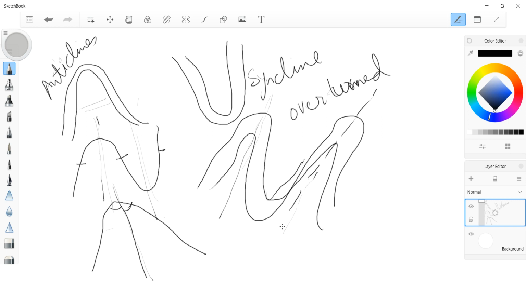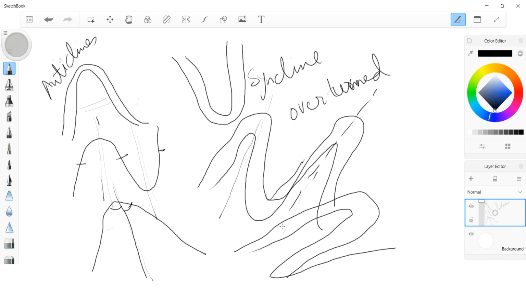And then there is another one which is called recumbent, in which the layer is almost lying on top of the other one. This is what it is. The axis is, the angle of inclination is much smaller.